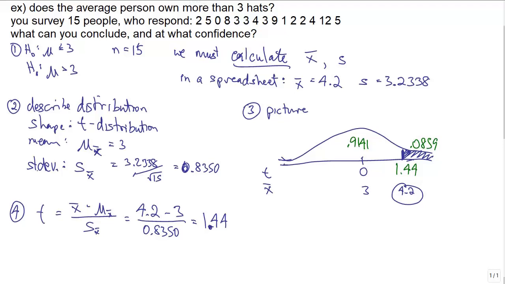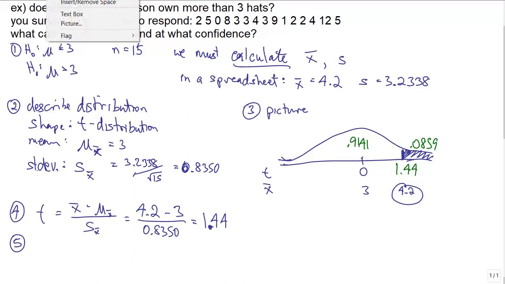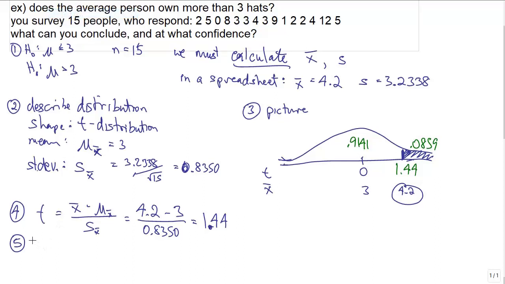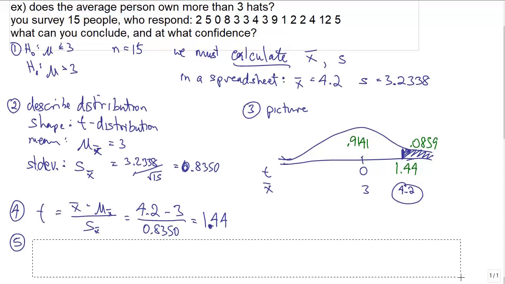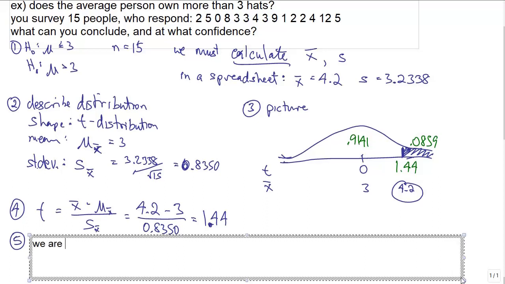So finally, step 5, we make our conclusion. So what's the conclusion? We are 0.9141, which is 91.41% confident that, so we express confidence in the alternate hypothesis.